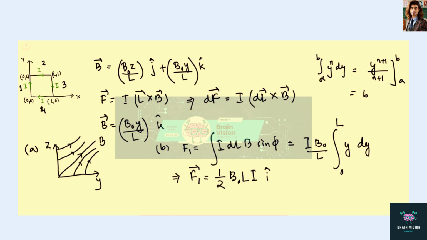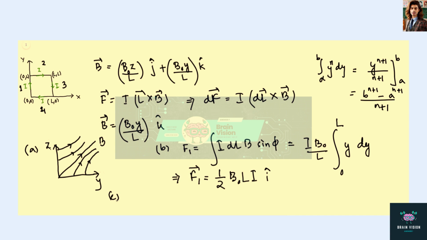This gives b to the power n plus 1 minus a to the power n plus 1 over n plus 1, and that's what I did over here. And if n is -1, the integration is just going to be the logarithm of y, and then you have to apply the limits here.